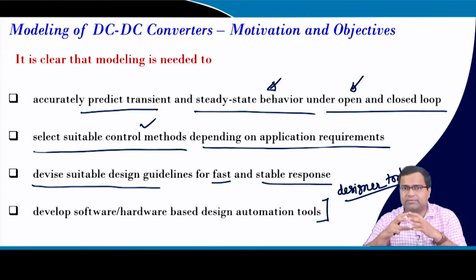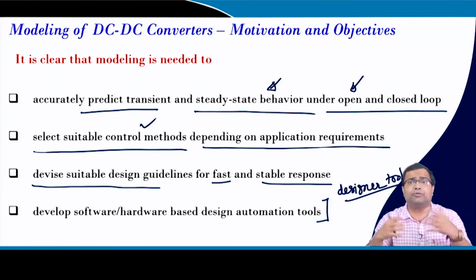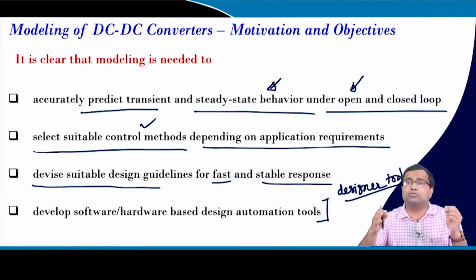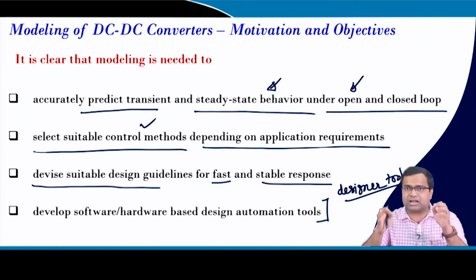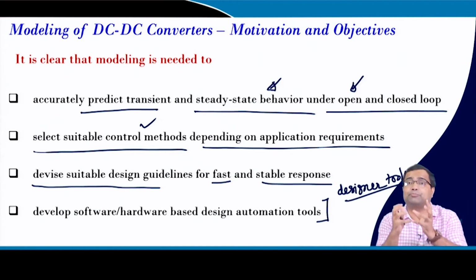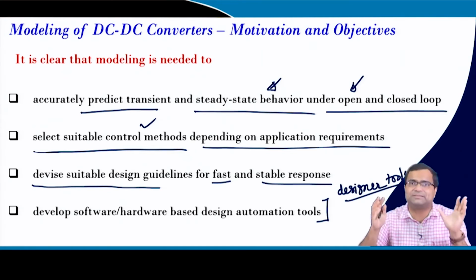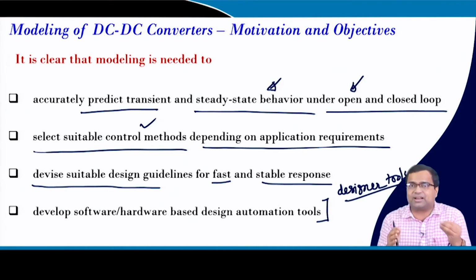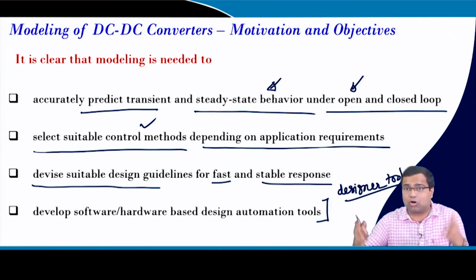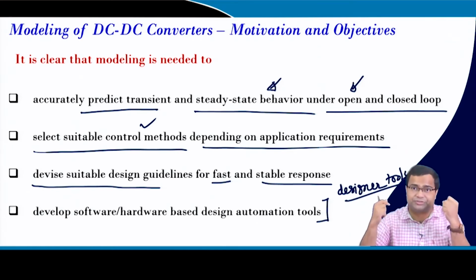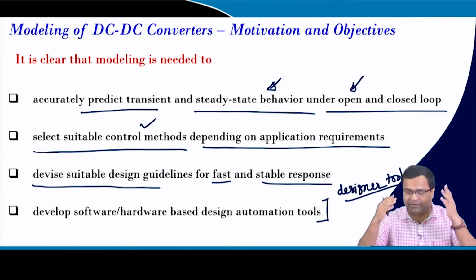Some of them use a higher switching frequency, some use current mode control, some use voltage mode control, because you have not given any specification of the transient response. Once you start adding more and more advanced features, it will filter out and try to search for the right suitable product which can meet your transient specification. And it may so happen that if your transient spec is very stringent, you may not find any product at all. Then you need to find your own solution, and that is how technology development happens.